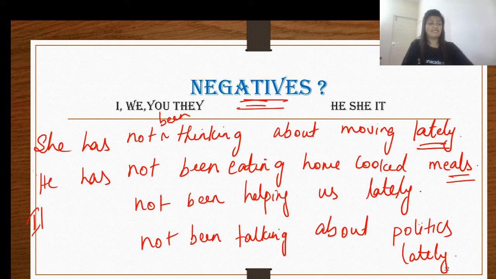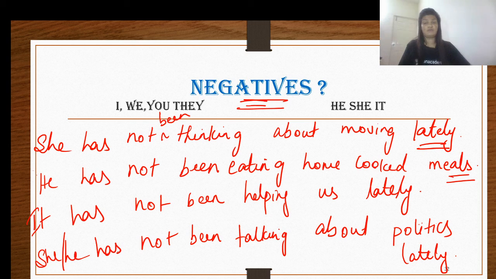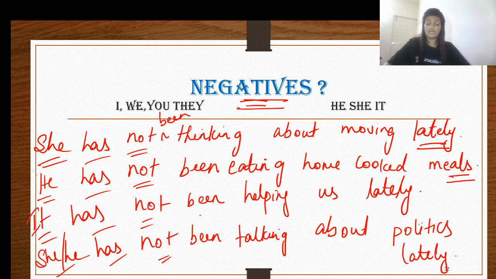Let us say it has not been helping us lately. And you can also say she has not been talking about politics lately, he has not been talking about politics lately. So that is how you negate the points with the subjects she, he, and it with plus s verbs. Also with the introduction of not, let's not forget that to negate the points.